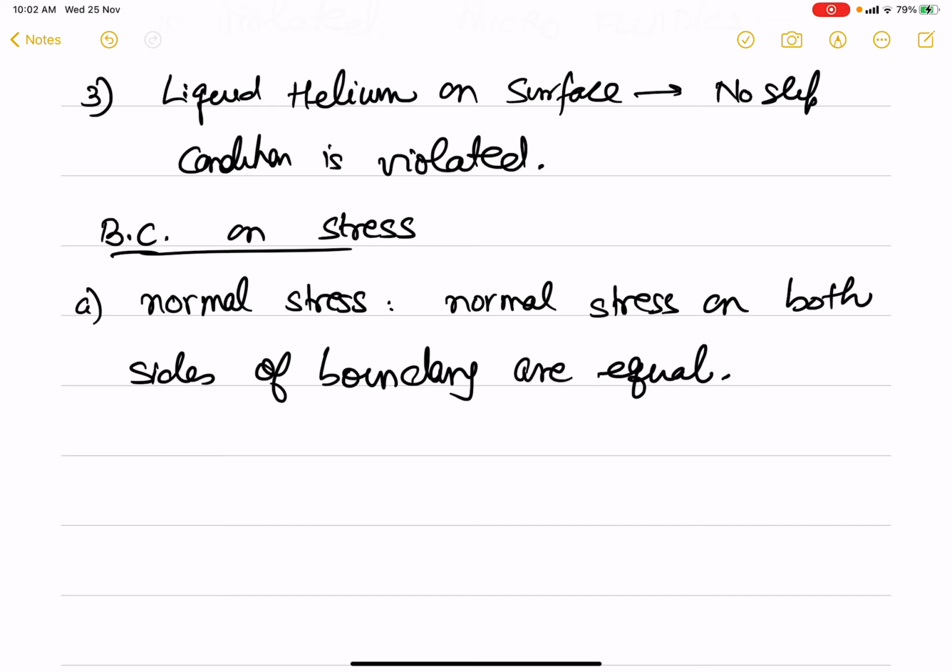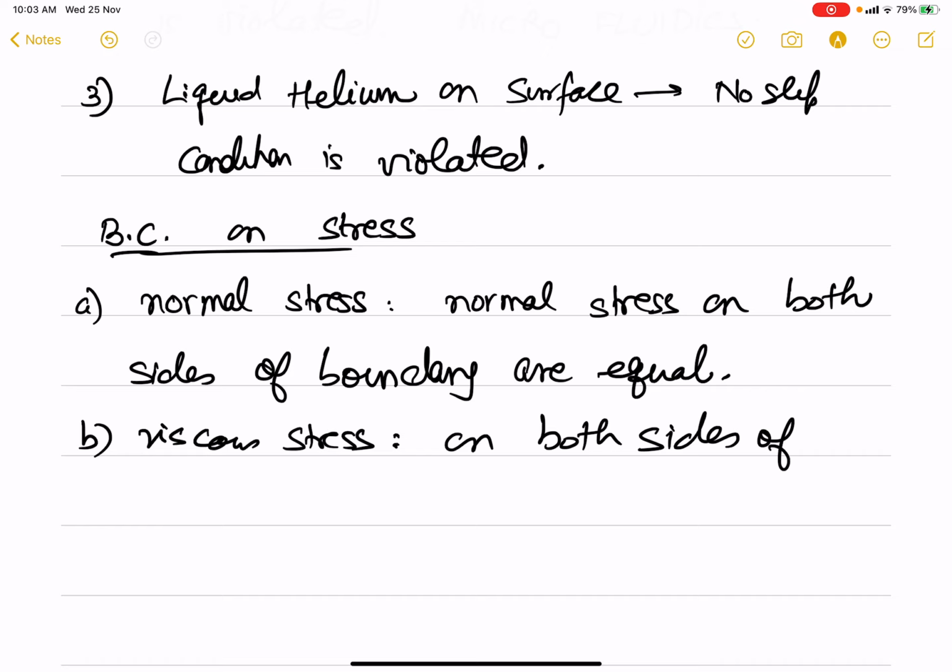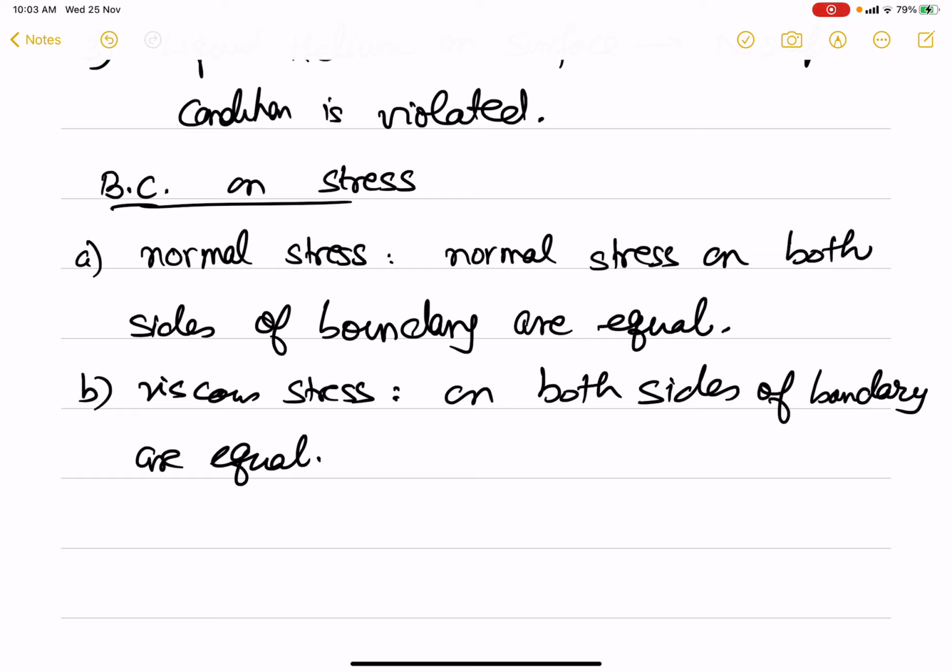Now, this condition, in fact, we will use the same condition not only for normal stress but also for viscous stress, that viscous stress on both sides of the boundary on the two elements are equal. And the reason for this, now this is what we are assuming, is that the flow is in some sort of an equilibrium.